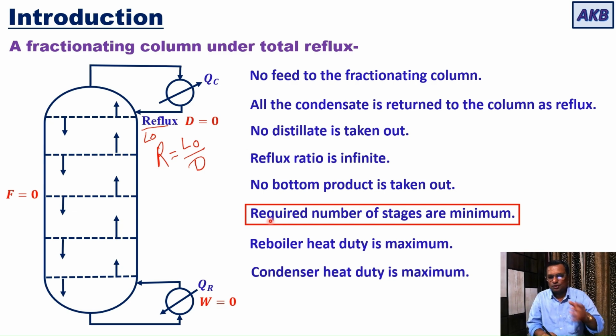We have learned how to find them graphically. I have discussed it in my previous videos, and I am giving links to those videos. Over here, you have to remember that when the column is operating under total reflux, the required stages are minimum. You cannot use fewer than this minimum number of stages.